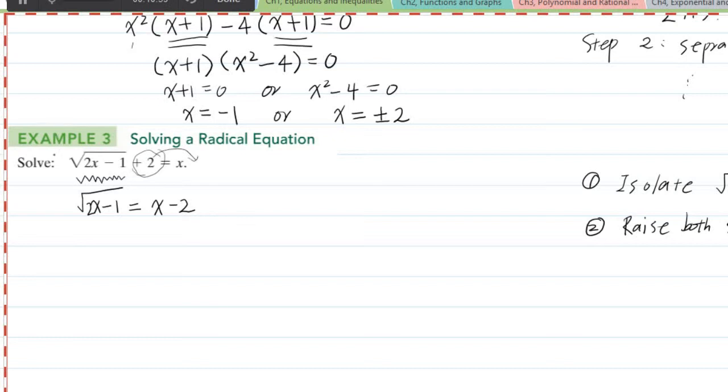So in this case, how can I make this disappear? So what we have to do is raise to the power. Let me just write this, that way you know step 1, 2, 3.